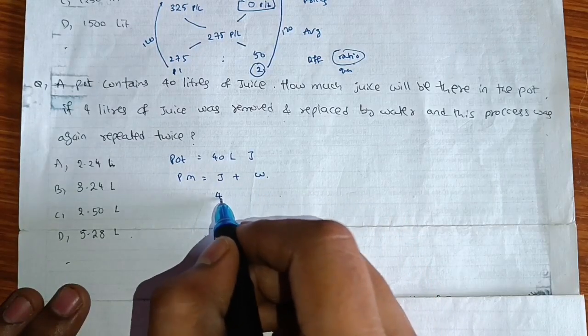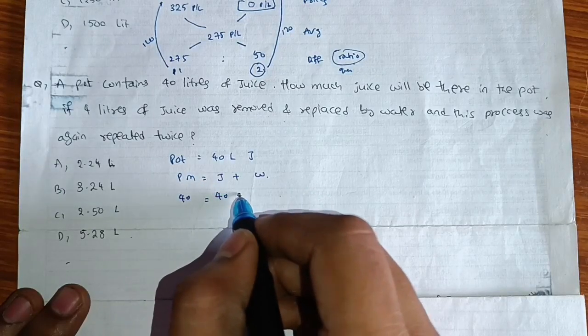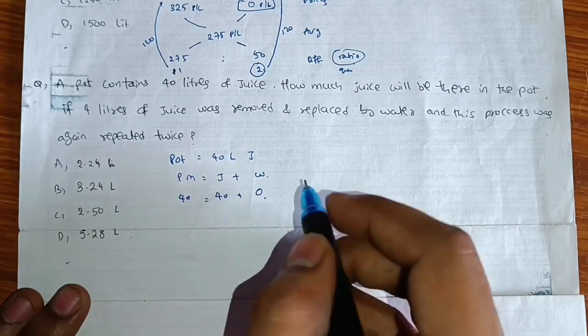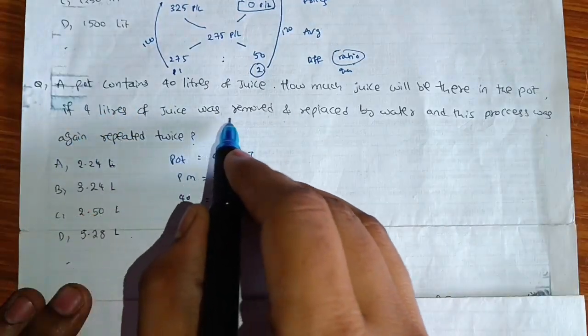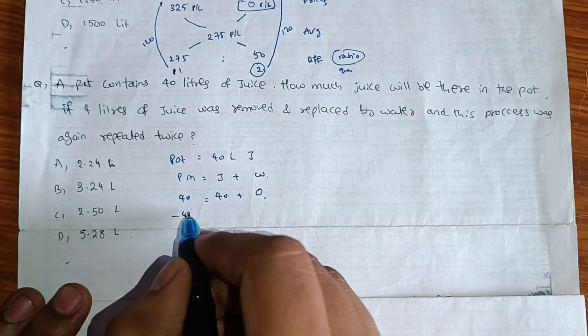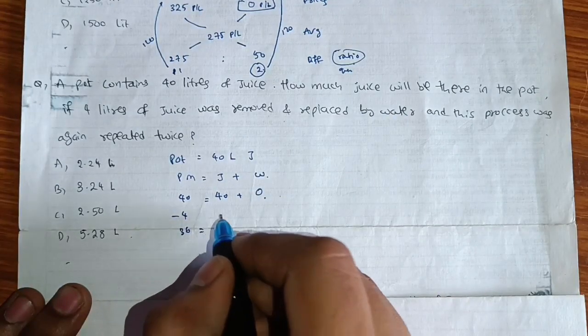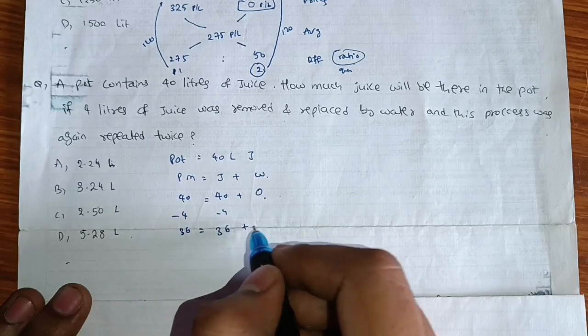Initially it is 40 liters of juice, so the pot mixture is also 40 liters, but initially the water is 0. At the next step, 4 liters of juice is removed and replaced with water. So 4 liters is removed, making it 36.